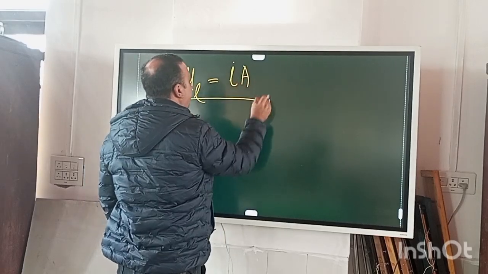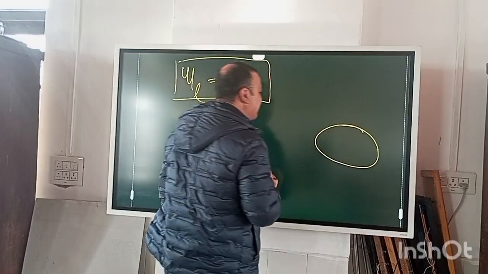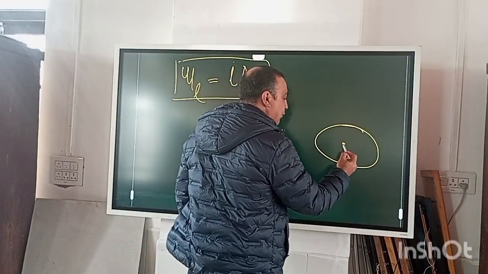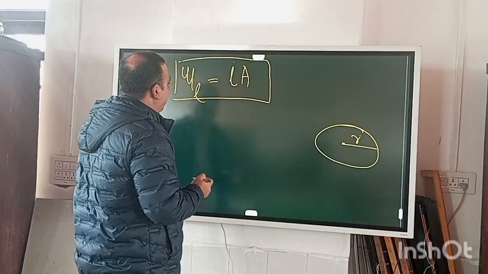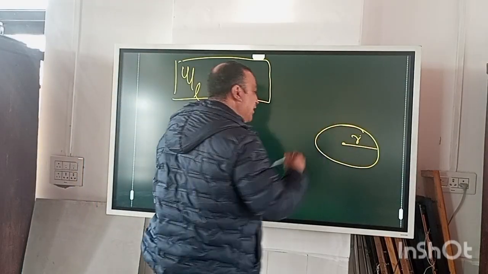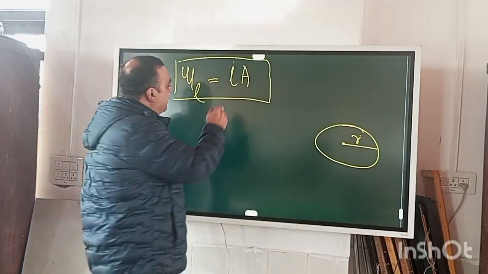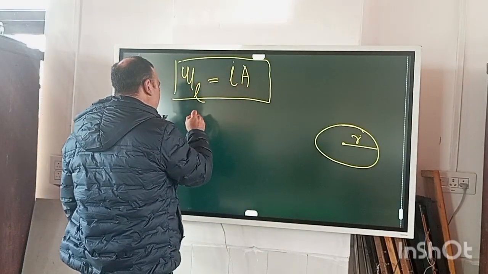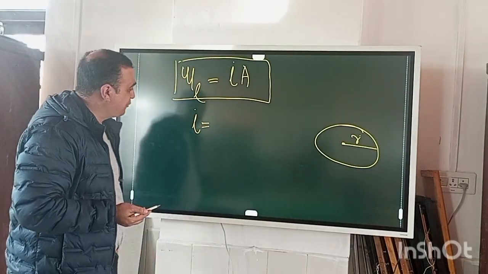Now we have a circling electron with a radius of r, and I can treat the motion of this electron as circular. The current here is basically the rate of flow of charge.